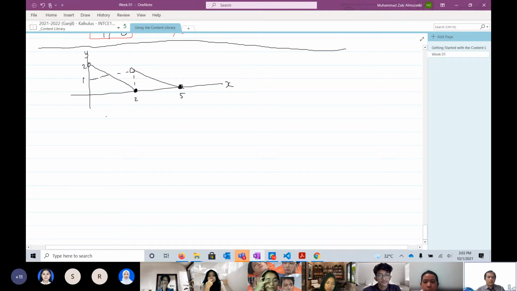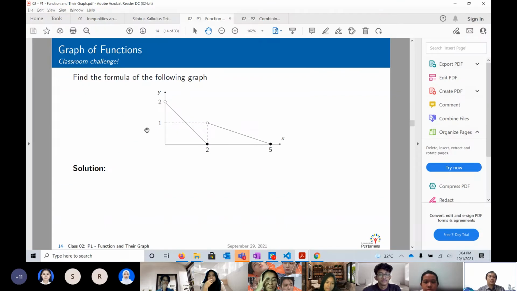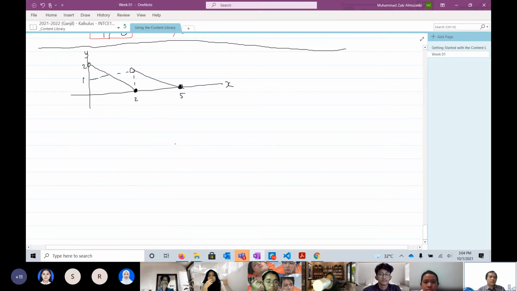So for this graph, as we can see here, we have two straight lines. So basically, we go back to the basic of straight lines. The formula for a straight line is y equals to mx plus c.